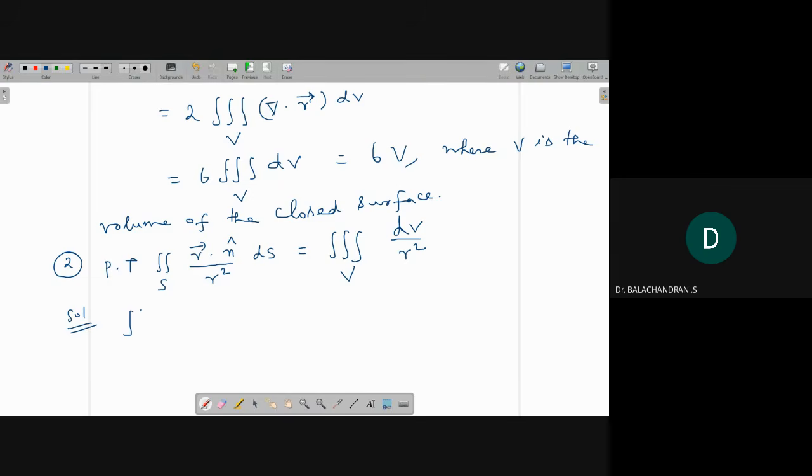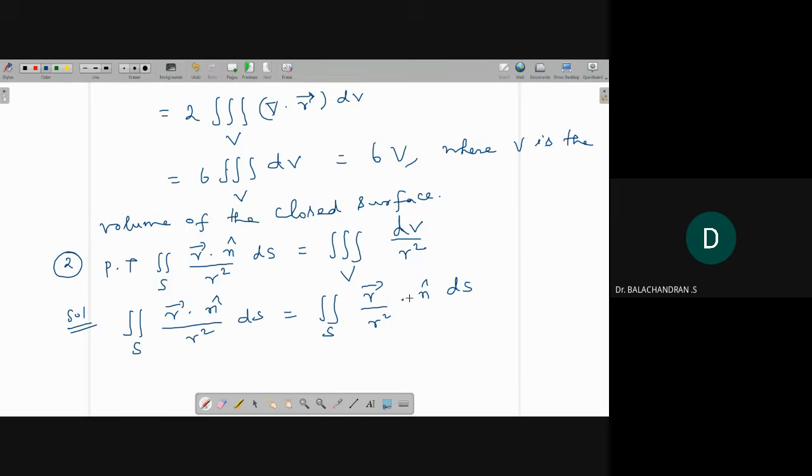Solution: double integral over S of r vector dot n cap divided by r square into dS is equal to double integral over S of r vector divided by r square dot n cap into dS.